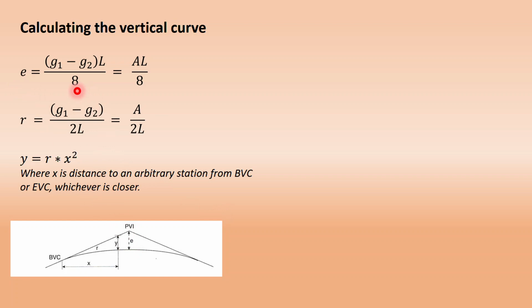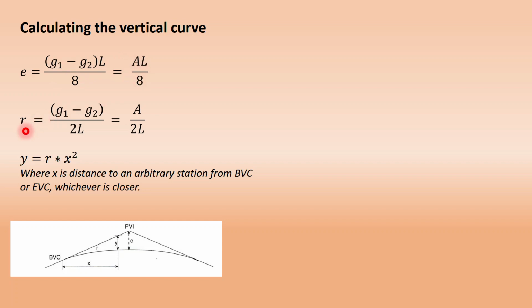And parabola geometry would tell us that E is equal to the difference in your gradients, G1 minus G2, times L, which is the length of your vertical curve, divided by 8. Or, if you're looking at a resource like Hickerson, G1 minus G2 is expressed as the letter A, or A times L over 8.